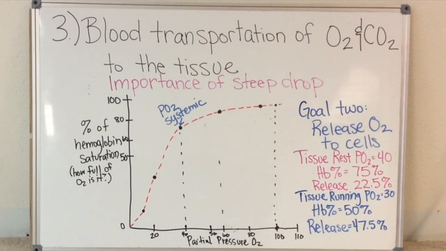However, here at the tissue level, on the steep end of the curve, a 10 millimeter of mercury drop in partial pressure of oxygen causes the hemoglobin to release much more of the oxygen bound to it. This increases the percent of oxygen released from the hemoglobin from 22.5% to 47.5%. This means a 10 millimeter of mercury drop on the steep portion of the graph is going to result in a doubling of the oxygen available to the tissue to use to produce ATP.